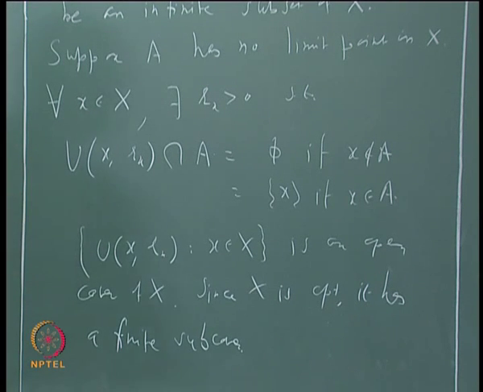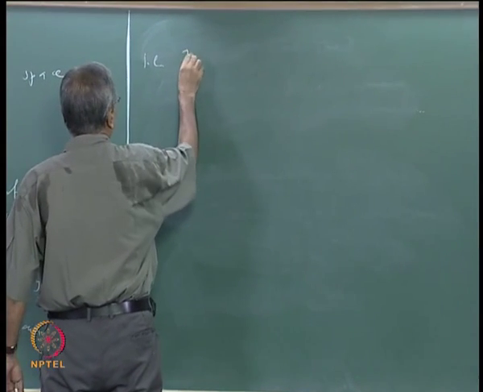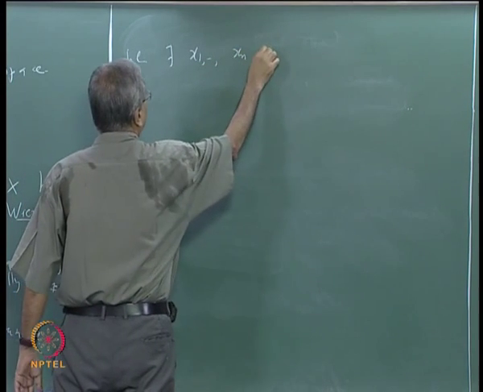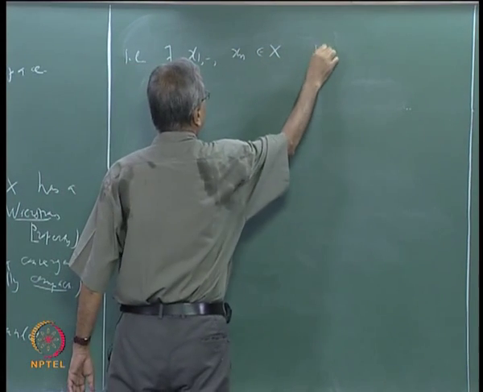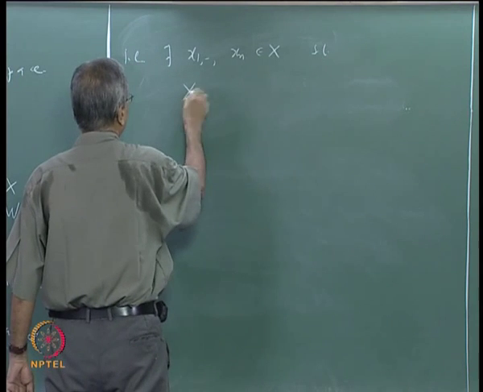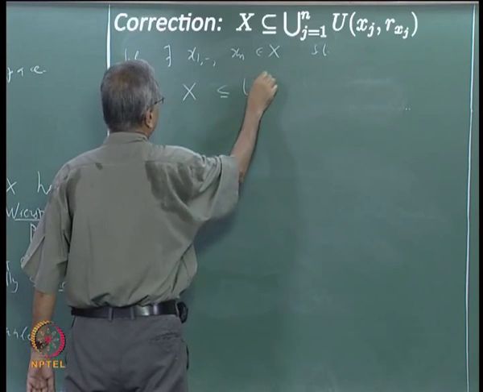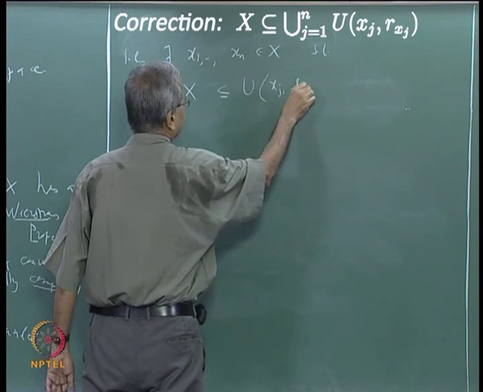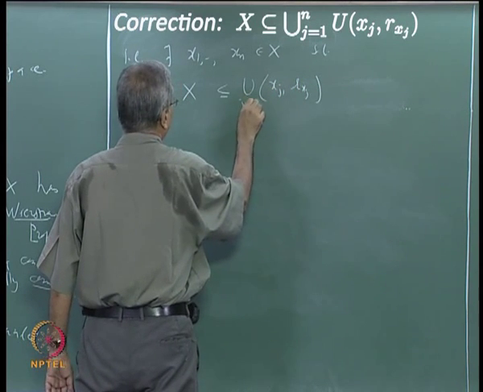That is, there exist x1, x2, ..., xn in X such that X is contained in the union of B(xj, r), j going from 1 to n.